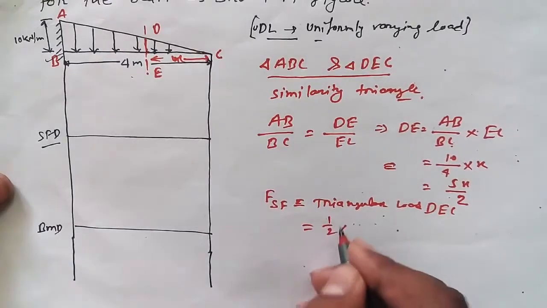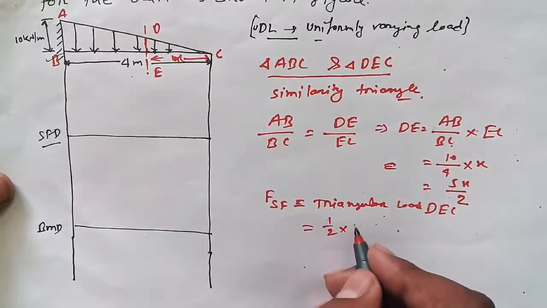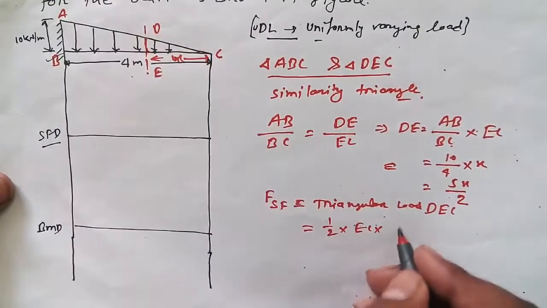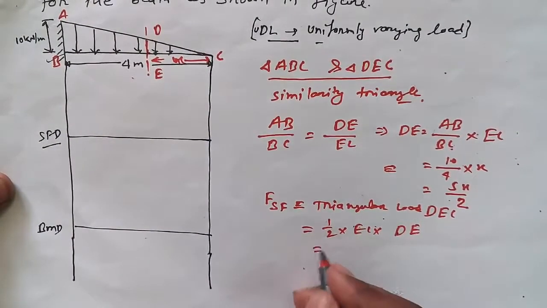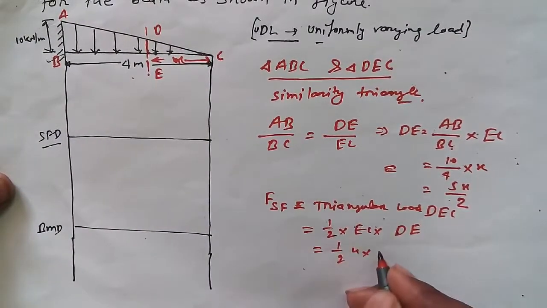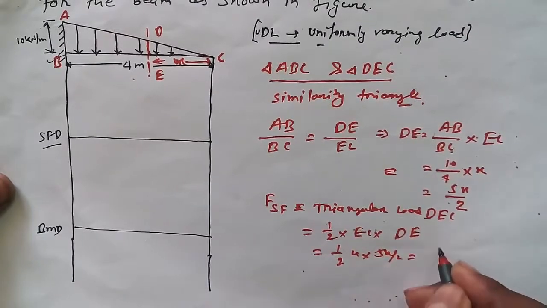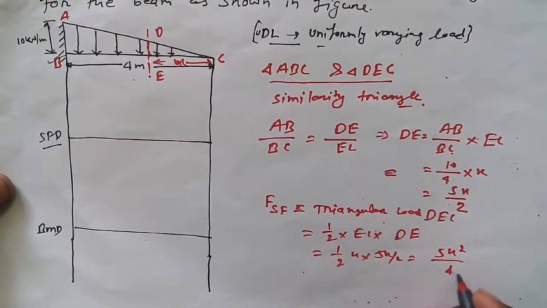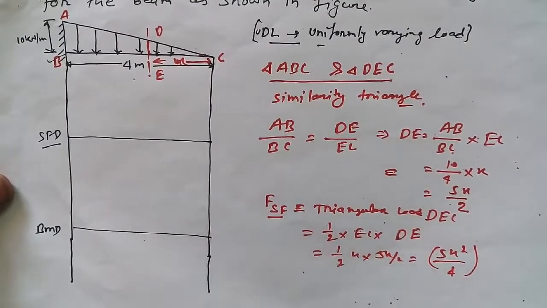So half, base is EC and height is DE. We know EC is X and DE is 5X by 2. So the shear force is 5X square upon 4.